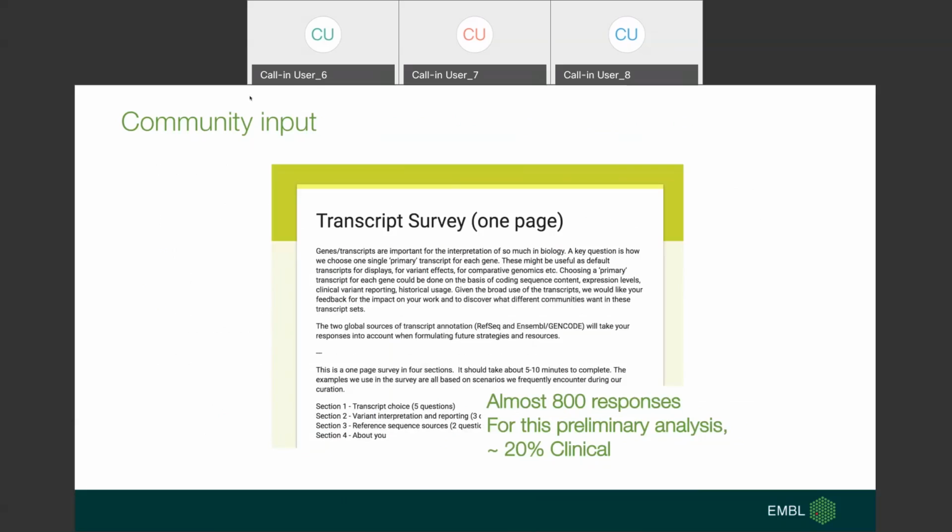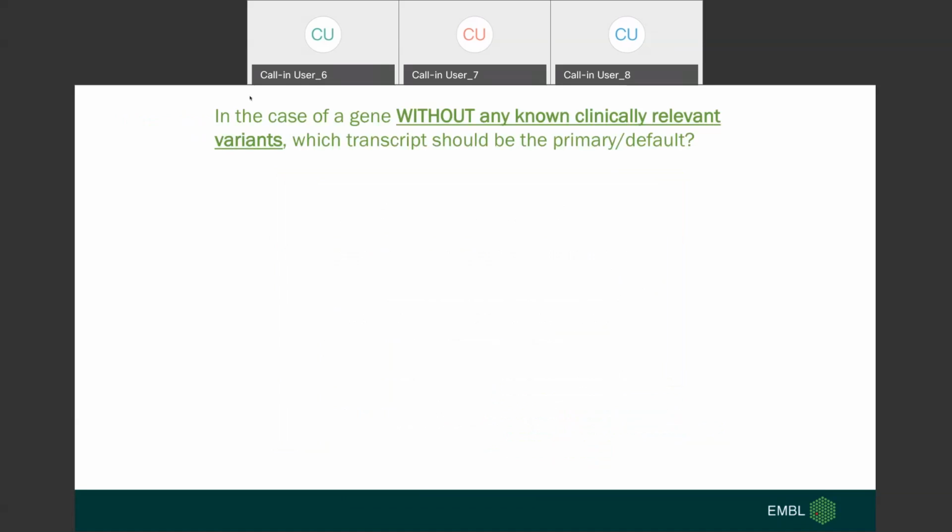When we looked at how people had self-described, about 20% said that they were working in the clinical context or in the clinical community. The first question that we asked was, in the case of a gene without any known clinically relevant variants, which transcript should we make the primary?